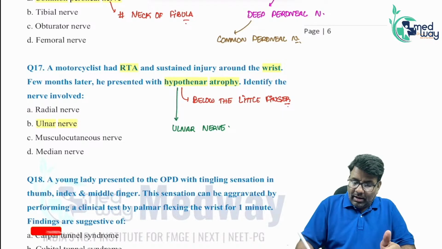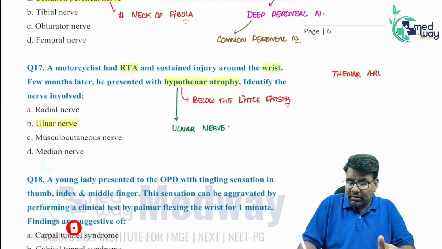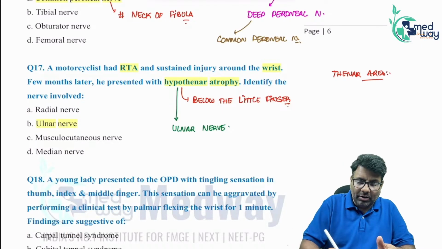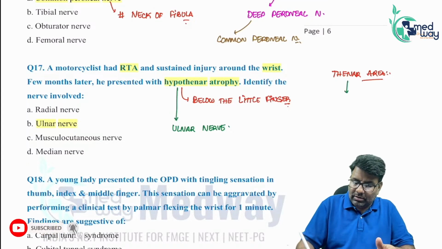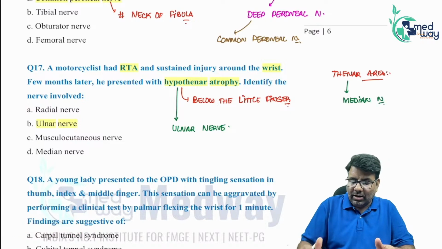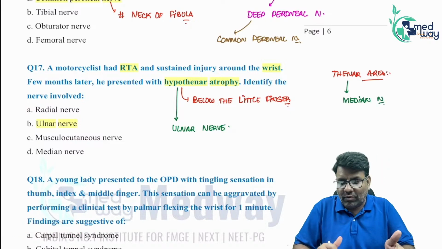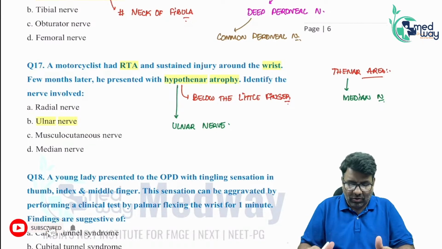The thenar area, which is below the thumb, is all territory of the median nerve. So this is all supplied by the median nerve. So hypothenar, ulnar nerve gone; thenar area, median nerve gone.